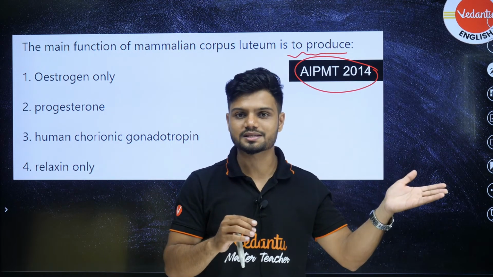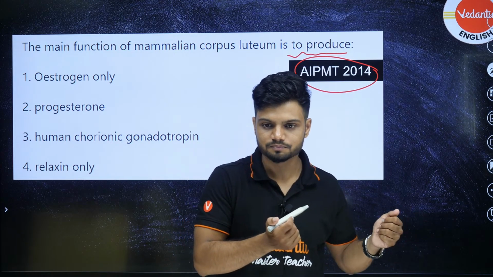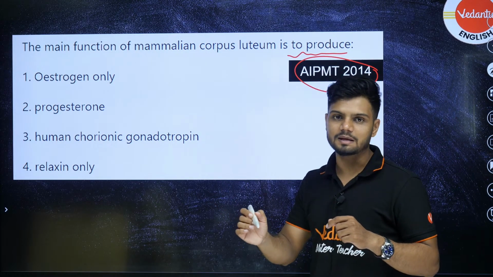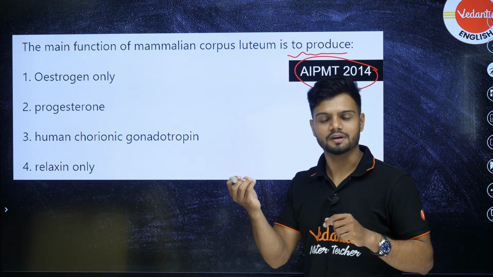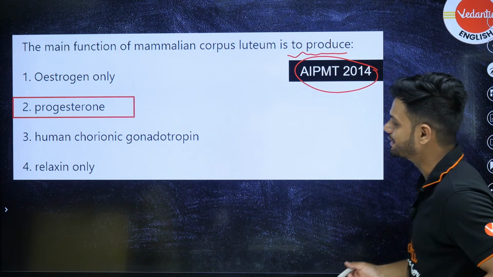Sertoli cells are in the case of males, but right now we're talking about the menstrual cycle, which happens in females, right? Sertoli cells produce many enzymes, androgen binding protein, and so on. This is an easy question. B for Basavaraj Sir. Exactly. Option number B.